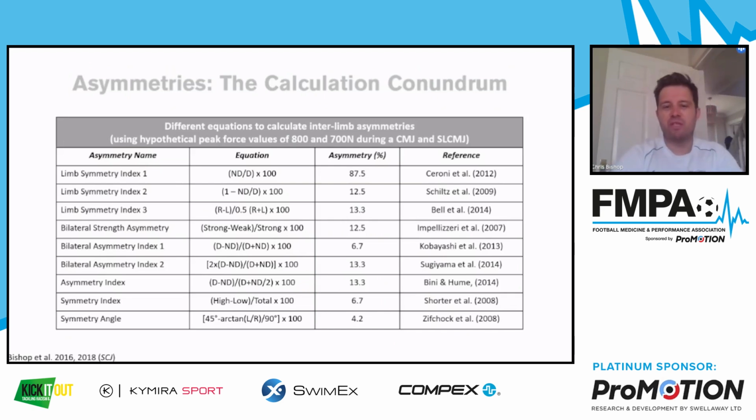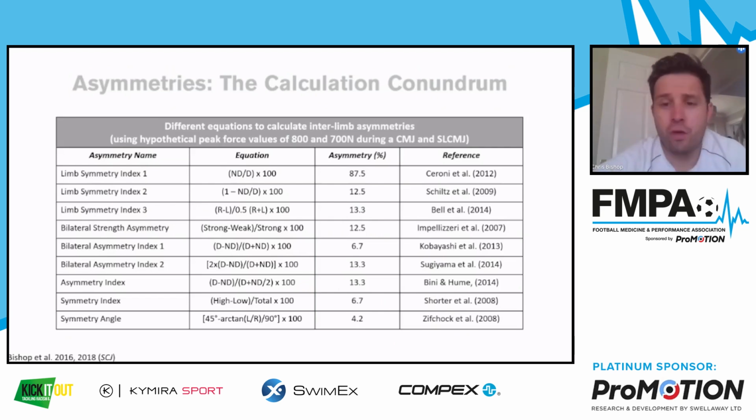And when you look at some of these subtle differences in equations, the top two are a good example as well. We've got non-dominant divided by dominant times 100, and then we've got 1 minus non-dominant divided by dominant times 100. So we've got a few subtle differences in some of these equations, and there isn't really any obvious reason as to why we should have them, or indeed whether or not it's relevant as to which one we should pick.